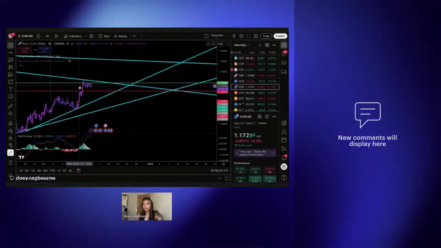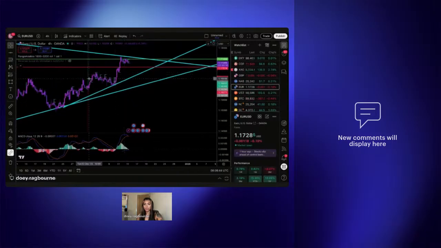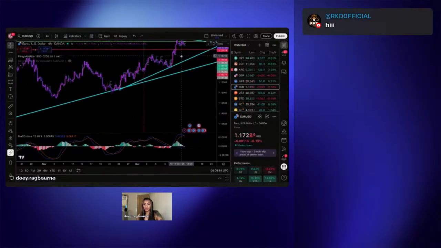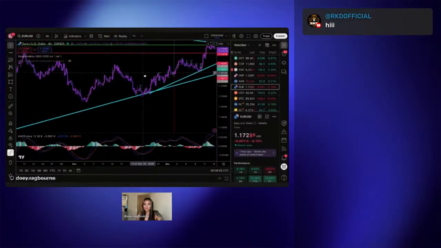Right now we have touched the top of a trend line, and if you look at price, when we start to move back down to the bullish trend lines, we start to move in a bit of a channel. I feel like Euro USD and GBP USD move like this.